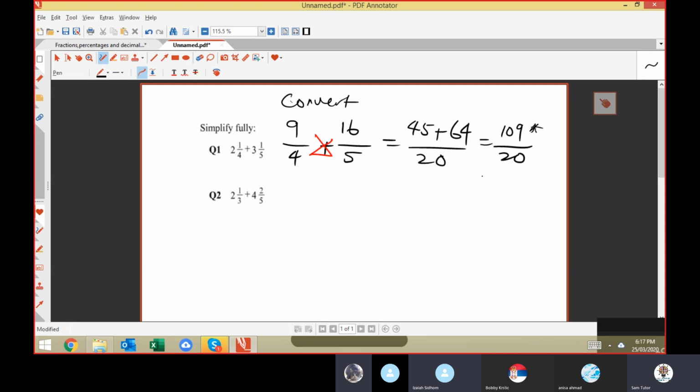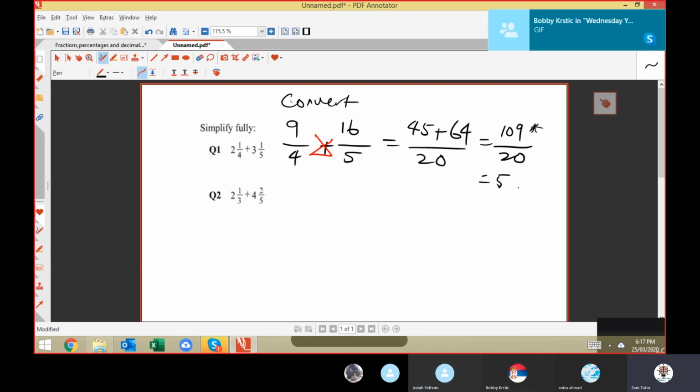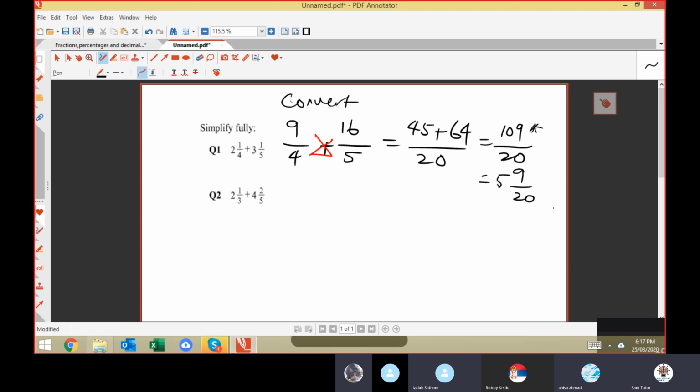If you feel confident and want to move one more step, how many times does 20 go into 109? Well, 20 goes into 100 5 times. And then there's a remainder. Bobby, stop sending us stuff, please. All right, 5 and then remainder of 9 over 20. Does that make sense? Yep.